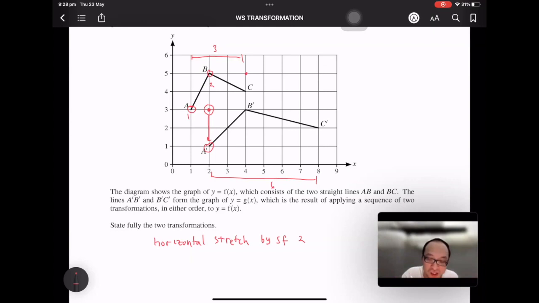But again, B is dragged down to here. So that means there is a translation by (0, -2). So these are the two transformations.